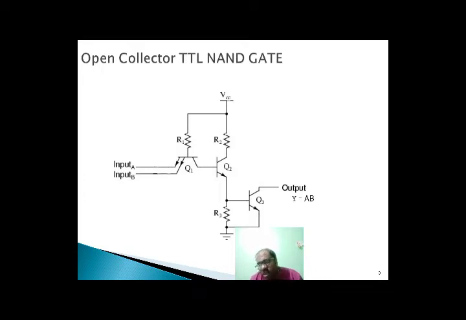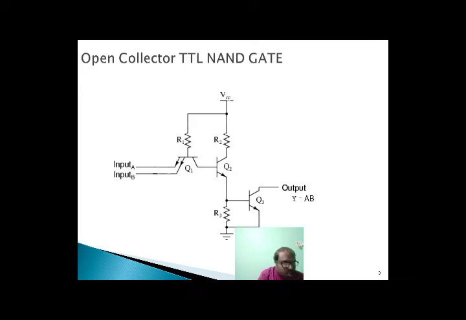When Q3 is off, the output is pulled up to VCC through the external pull-up resistor, resulting in a high output.